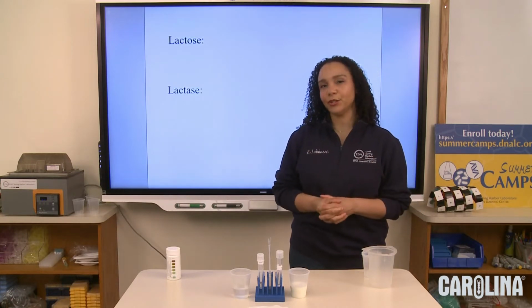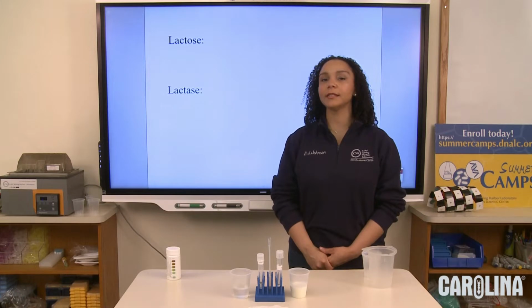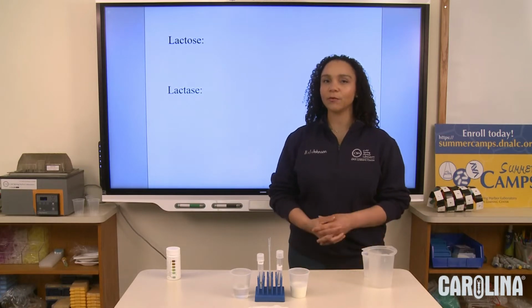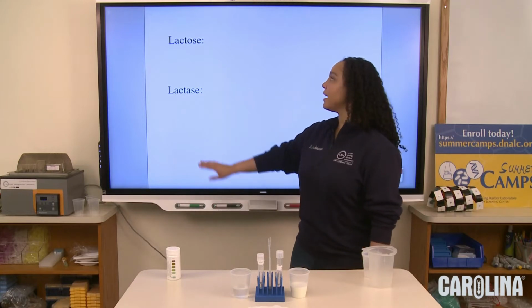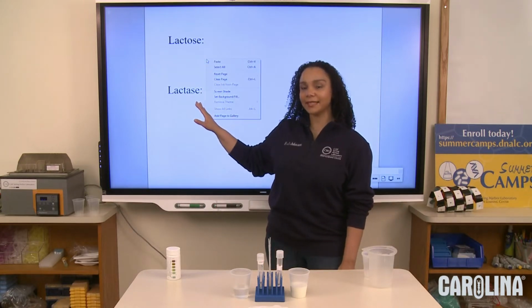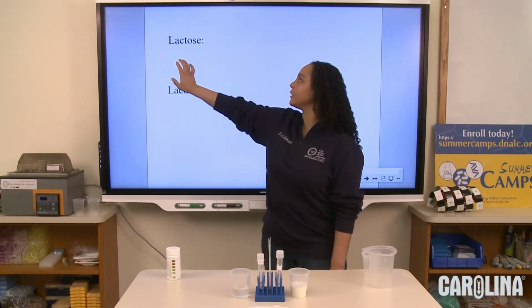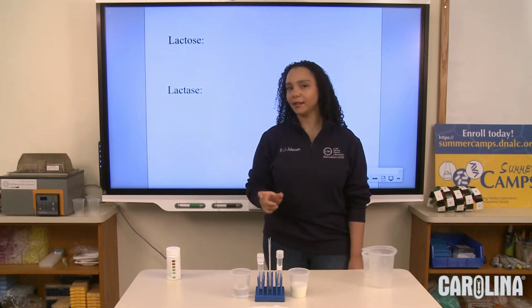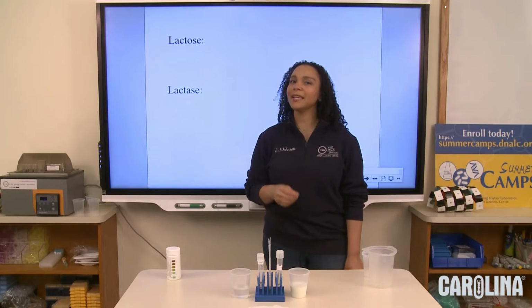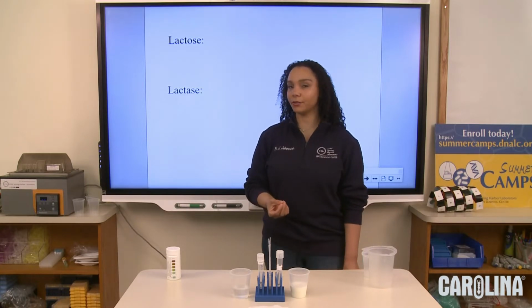One thing I like to do is break down the words that help us understand what we're really discussing. So the 2 words we're going to be talking about right now are lactose and lactase. Lactose has an ose ending. Do we know what the ose ending tells us? It tells us what type of molecule lactose is.